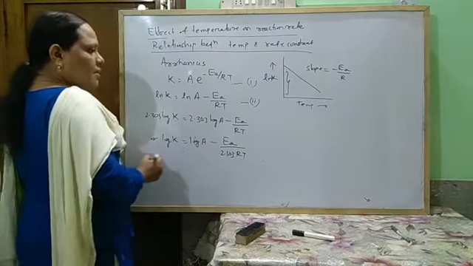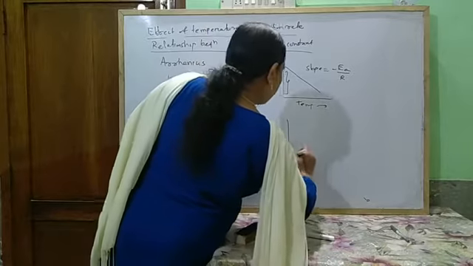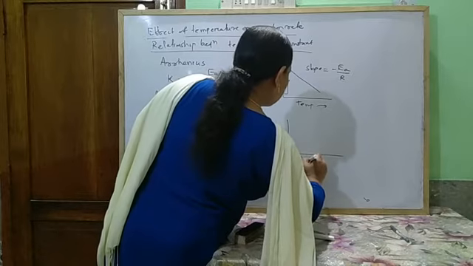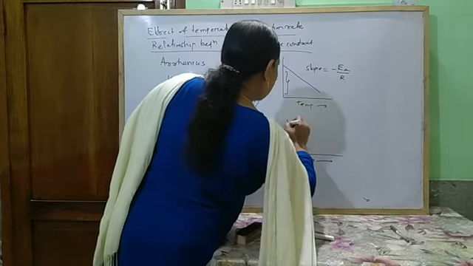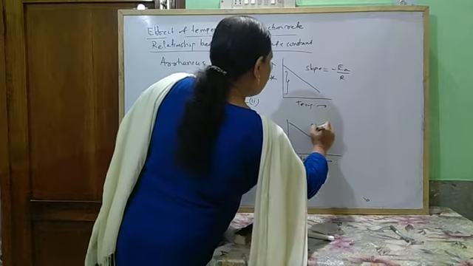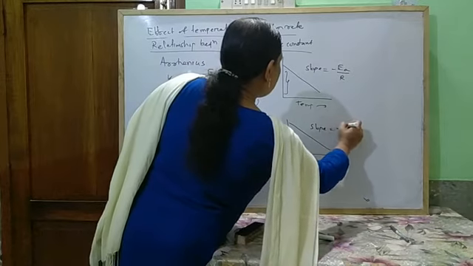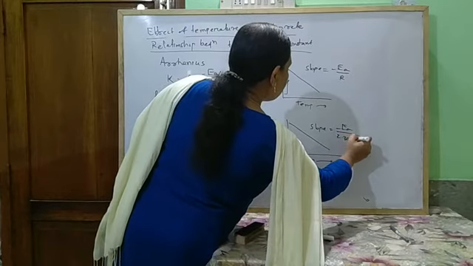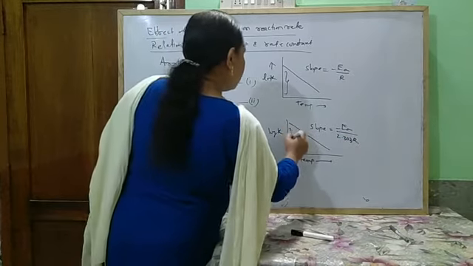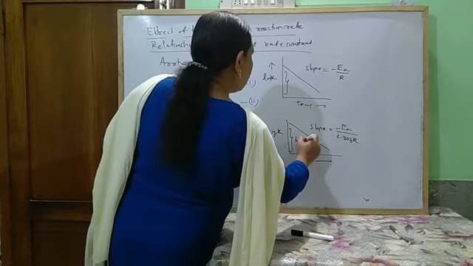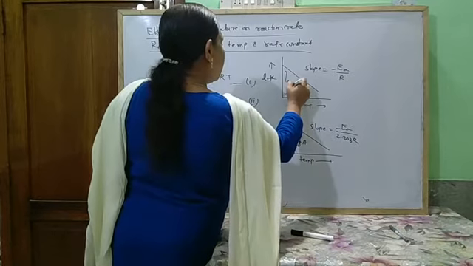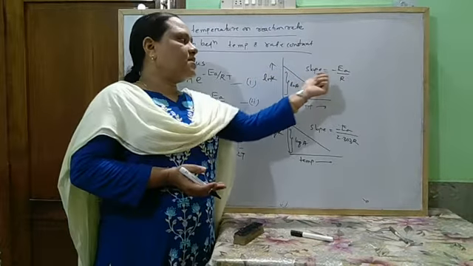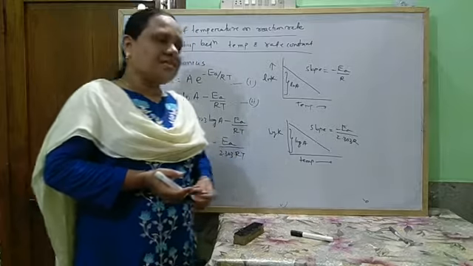log A. Similarly, when the graph is drawn between log k versus temperature, it also gives a straight line, but here the slope is minus Ea by 2.303 R, and the intercept is log A. This is the only difference, logarithm to the base e and logarithm to the base 10.